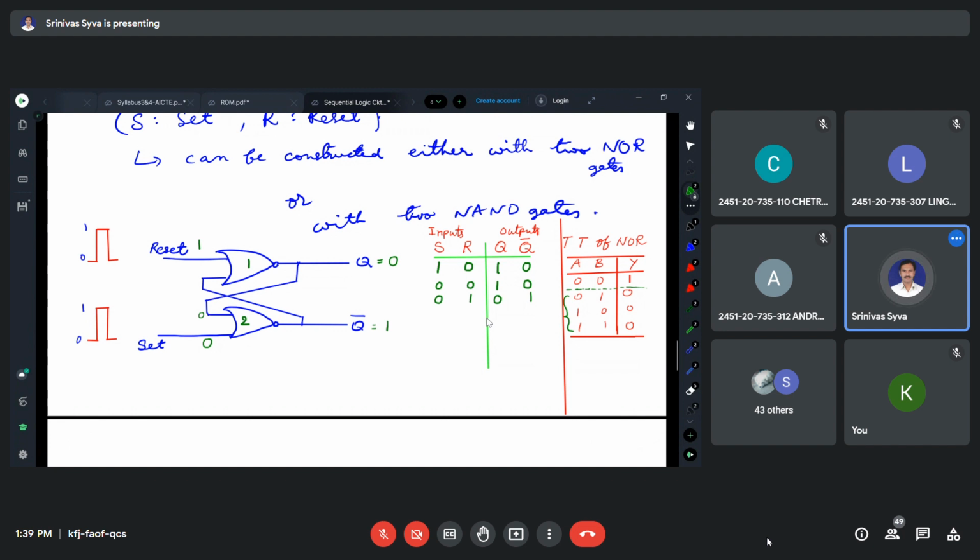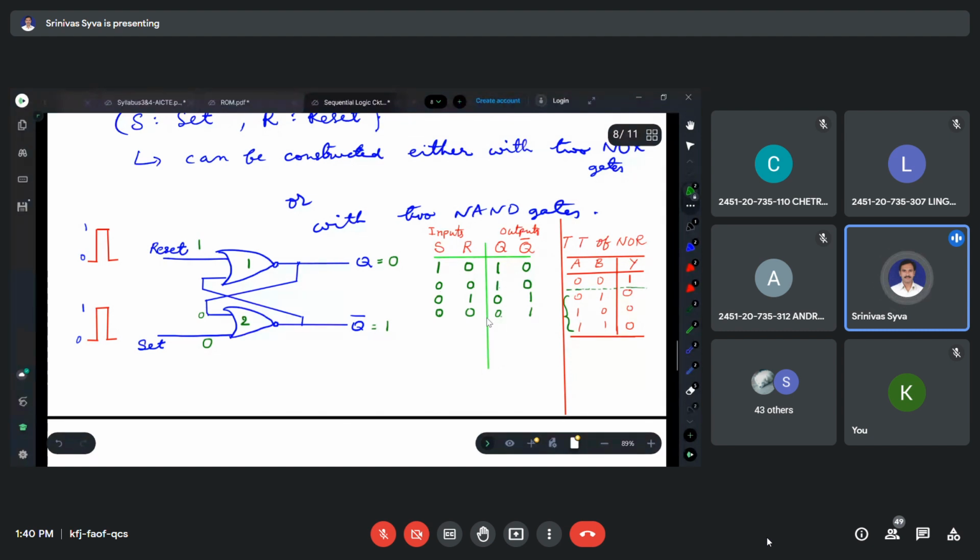Again both are disabled, say 0 0. So what happens now? The same situation continues, 0 1 will continue. See, earlier for 0 0 you had 1 0, but here for the same 0 0 you have 0 1.